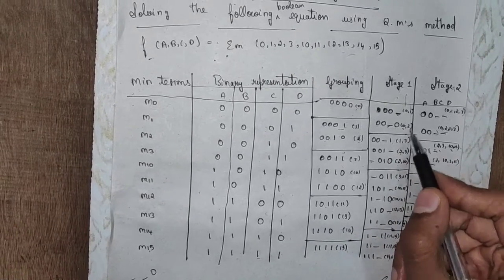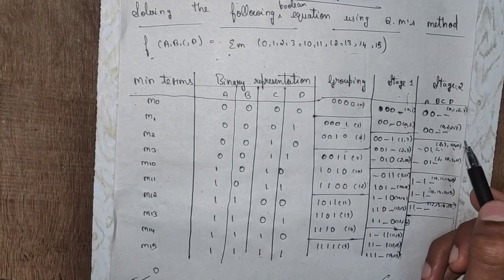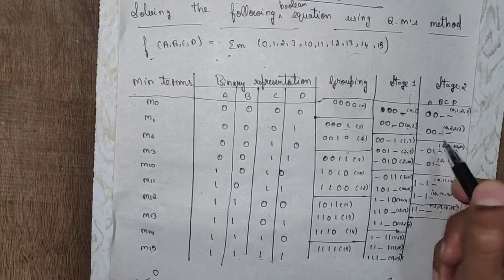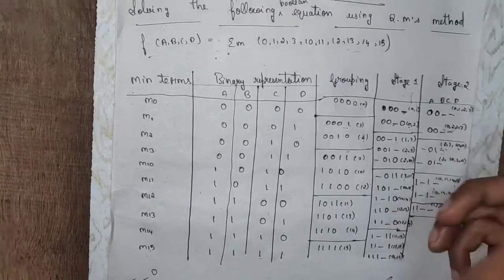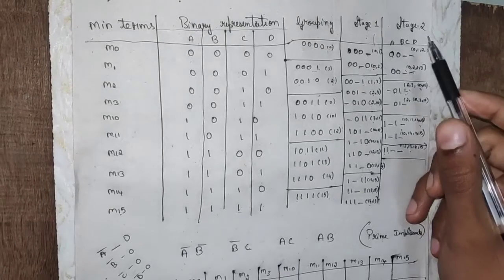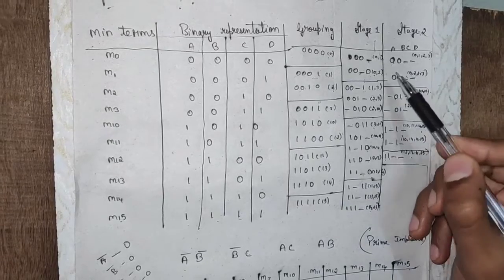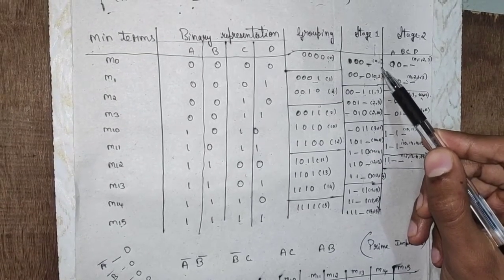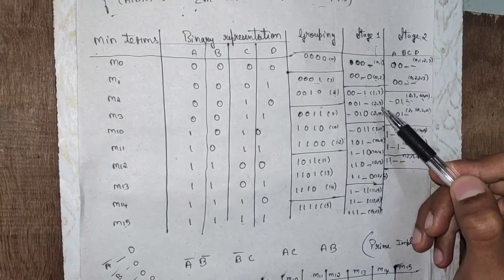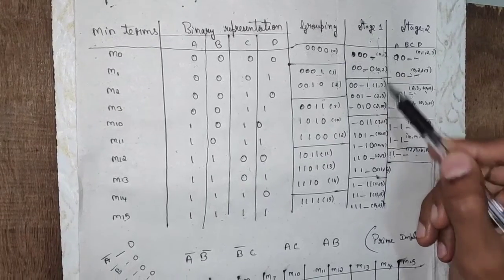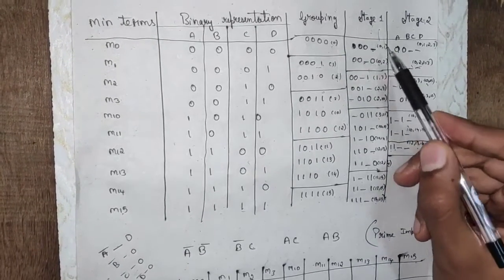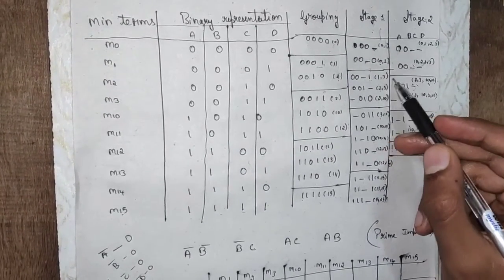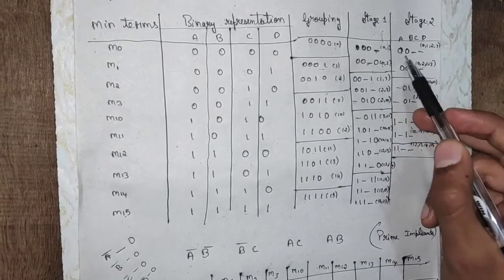So 1 is replaced by a dash. As we can see in stage 2, the rows from stage 1 are compared with the preceding rows, such as 0, 1 and 1, 3, and we get 0 0 dash dash.